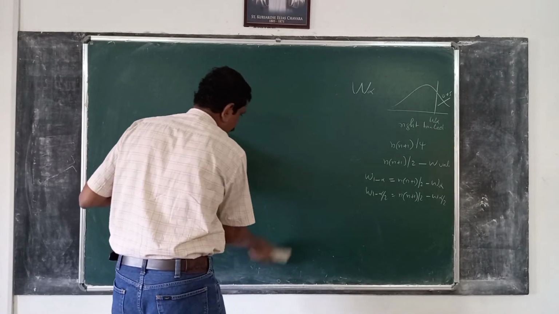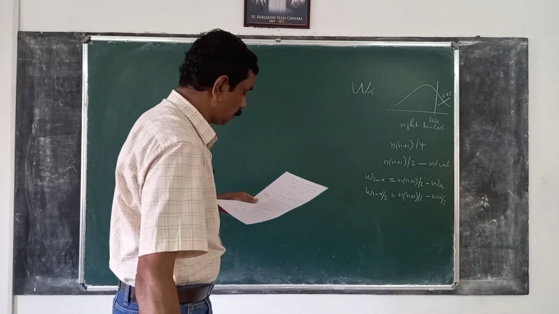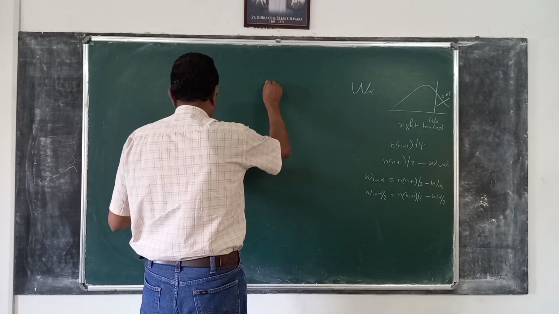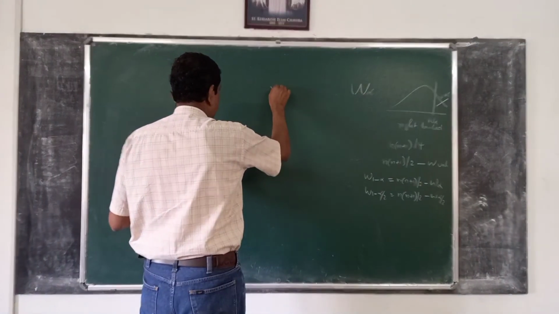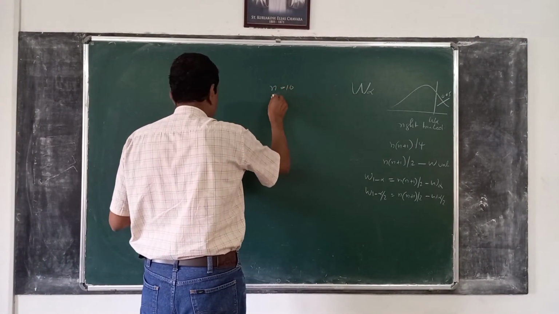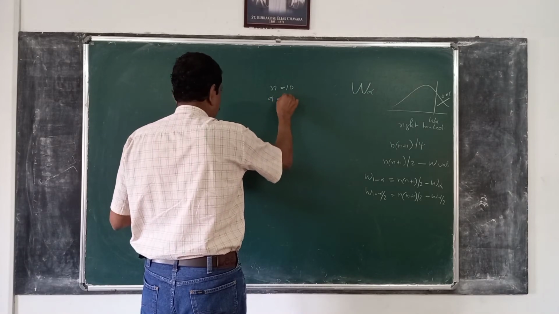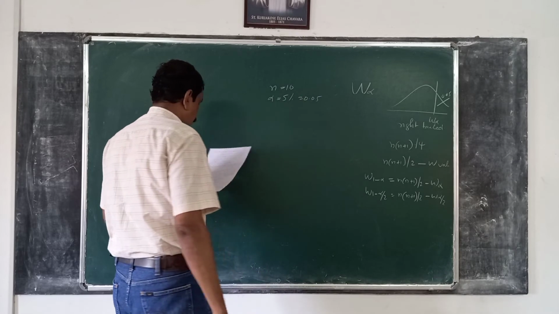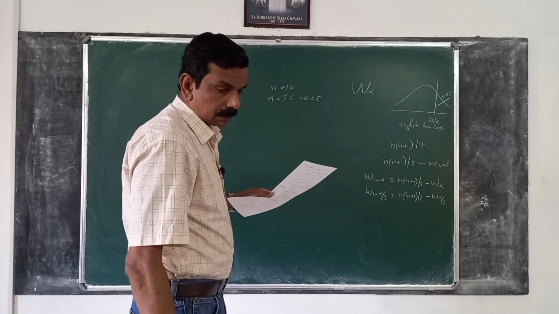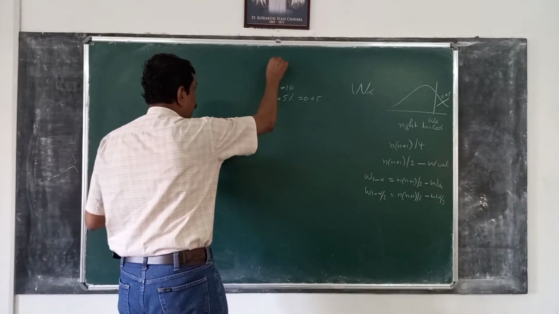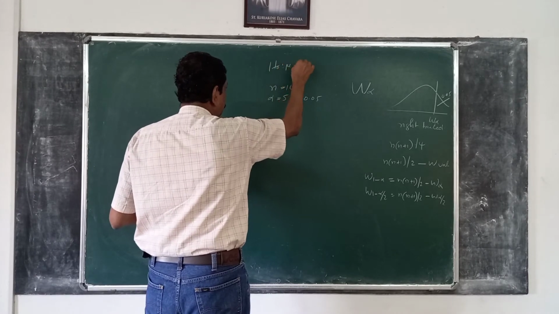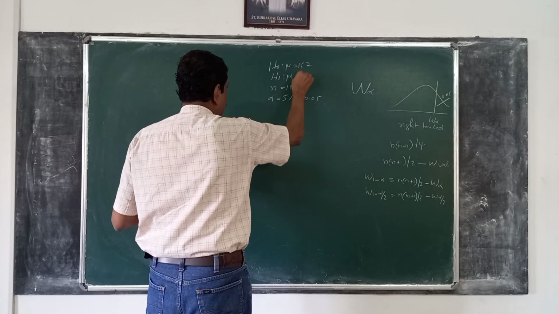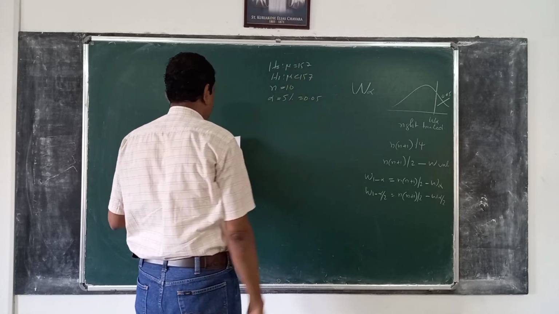Let me explain this with an example, then only the points will be clear to you. So our hypothesis test is left-tailed, n is equal to 10, alpha let it be 5%, equal to 0.05, and our hypothesis is H0: mu = 157 versus H1: mu < 157.